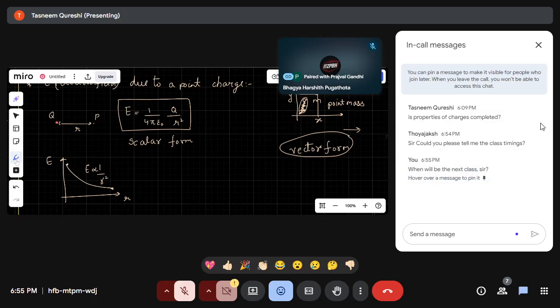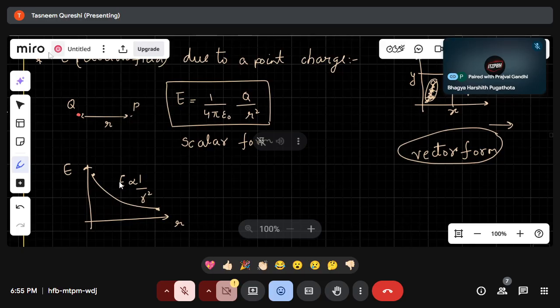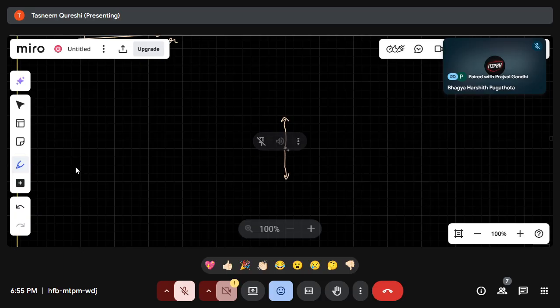So your electric field, you can say, is radially symmetric. This is the graph. One more point which you can say is your field is radially symmetric. Meaning, everybody just pay attention here. This is your charge, R distance above from this charge, R distance below this charge, R distance towards right, R distance towards left.